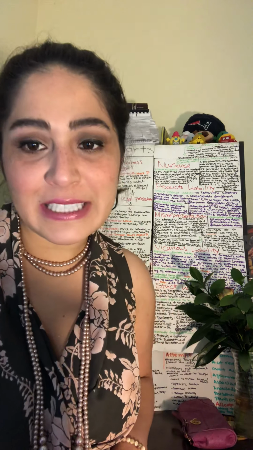It says the general rule is that the spouse of a criminal defendant may not be called as a witness by the prosecution, nor may the married person be compelled to testify against his spouse in any criminal proceeding. Okay, so it has to be a criminal proceeding.